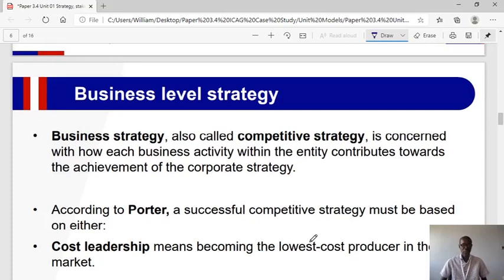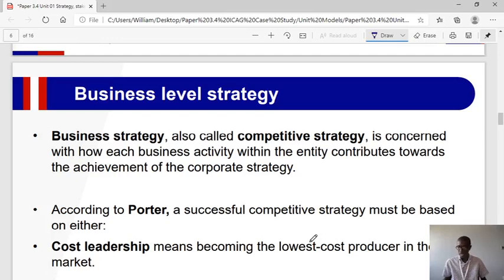And the business level strategy, also called competitive strategy, is concerned with how each business activity within the entity contributes towards the achievement of the corporate strategy.